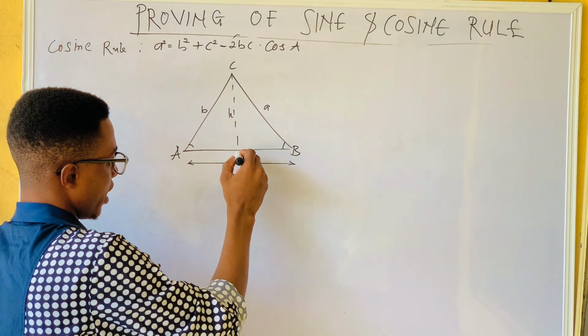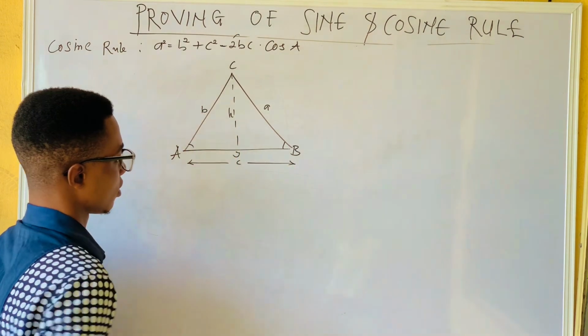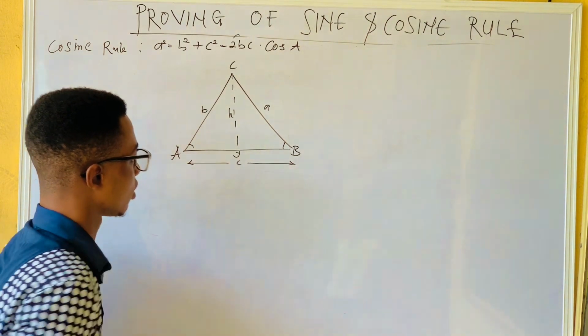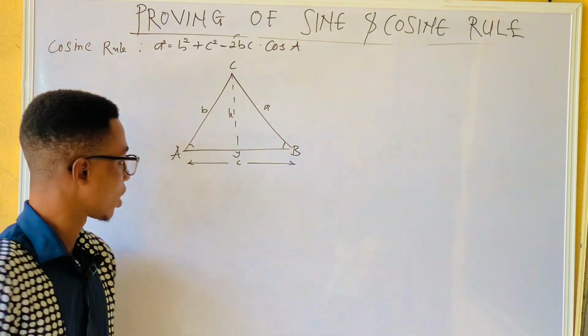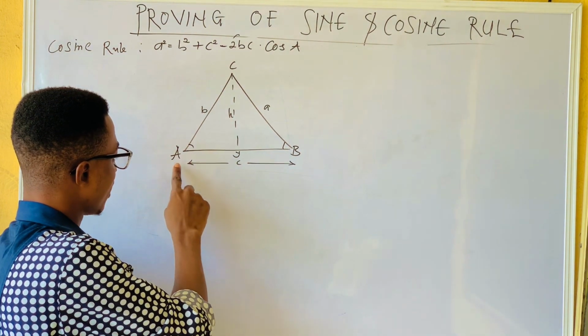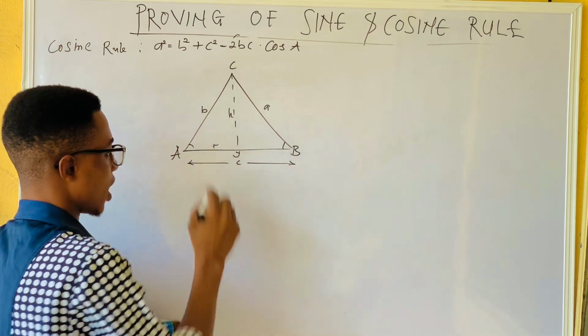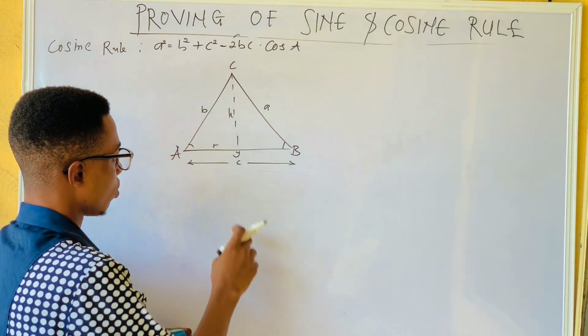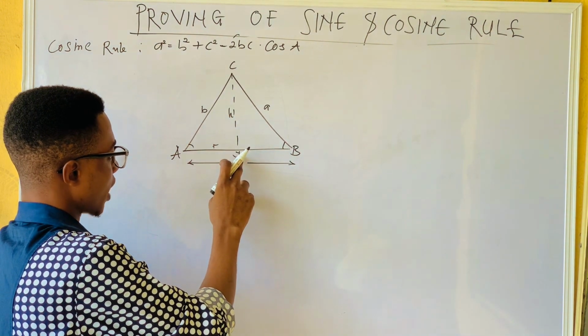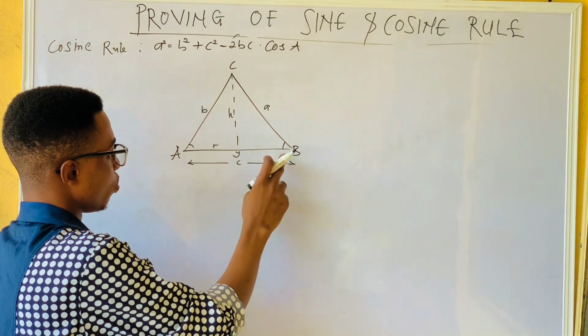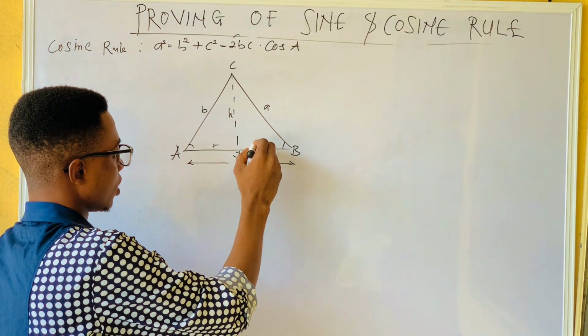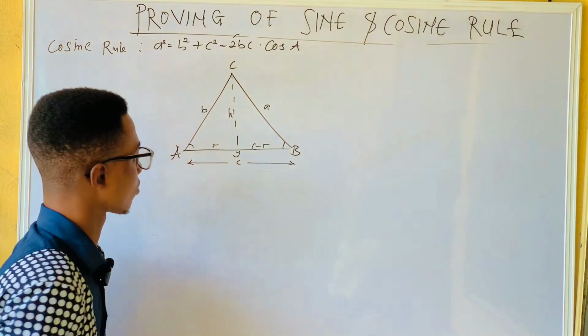Of course, let's denote the foot of the height here as Y. We know that if the side length of A to Y is r, the side length of Y to B would be c minus r.